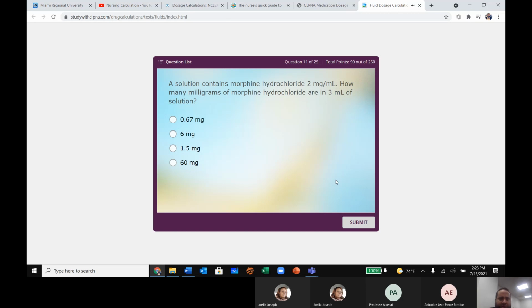For the next question, we have a solution that contains morphine hydrochloride 2 milligrams per ml. How many milligrams of morphine hydrochloride are in 3 ml of solution? If they have 2 per ml, how many are in 3? 0.67 milligram.